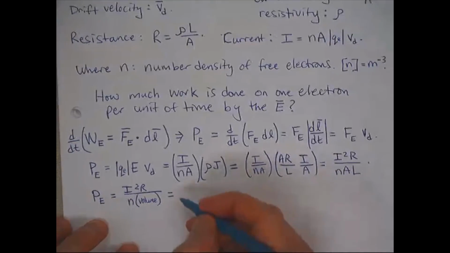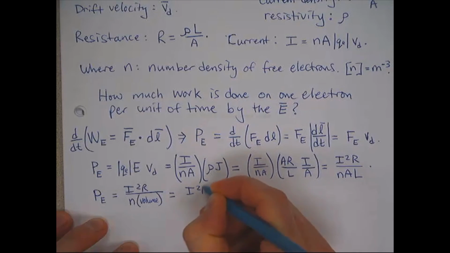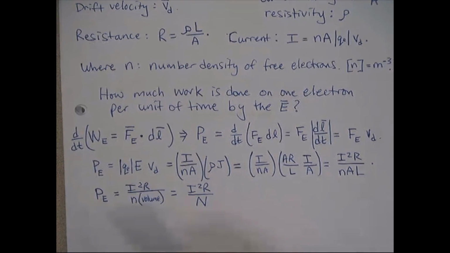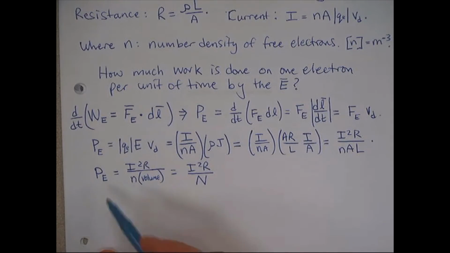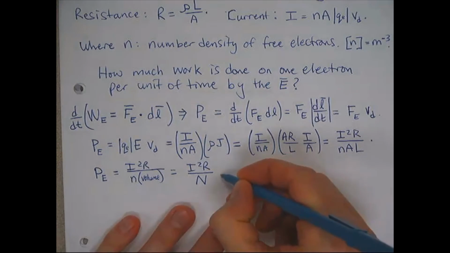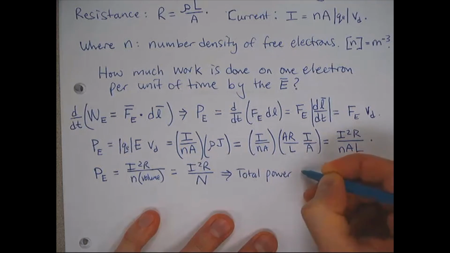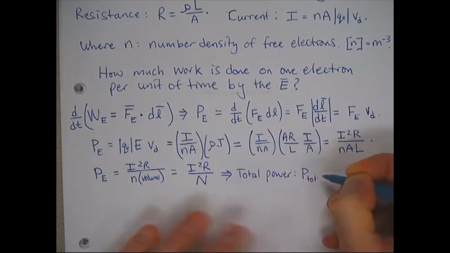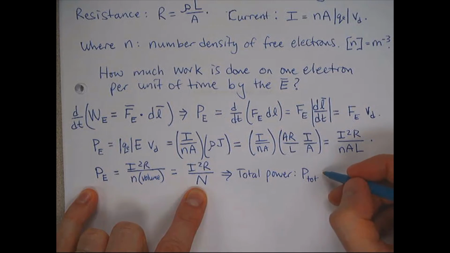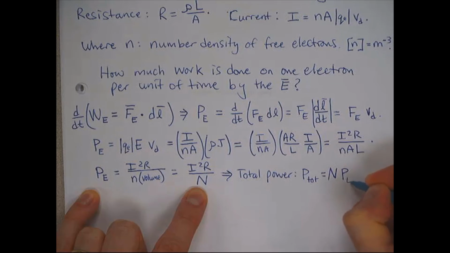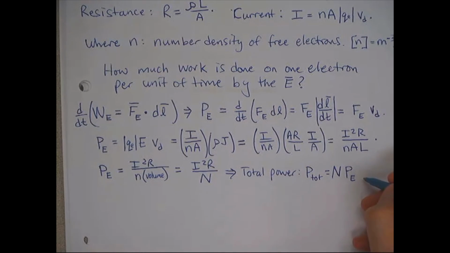So we've just considered one of those electrons for now. We have I squared R over N. This is the power which is input to a single electron. So the total power is simply the number of electrons times the power applied to one electron.